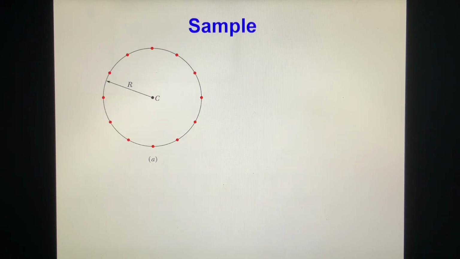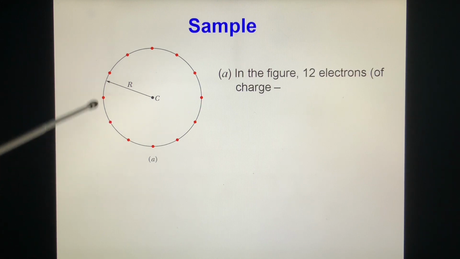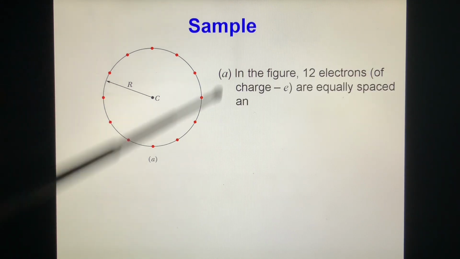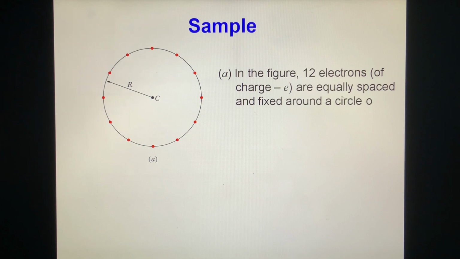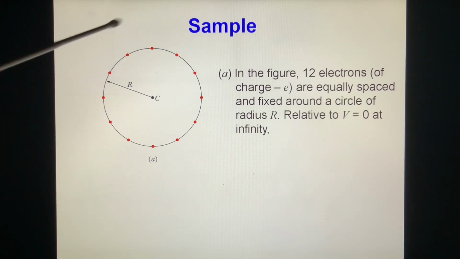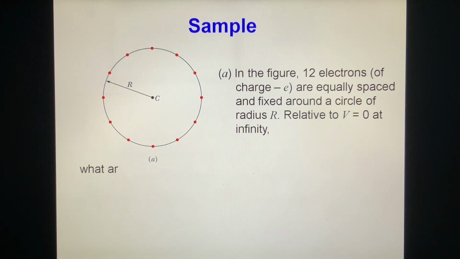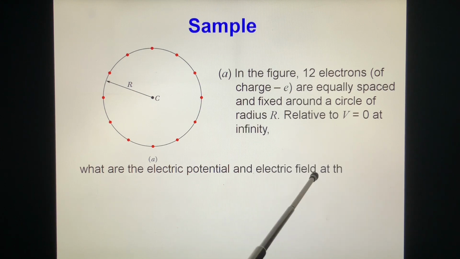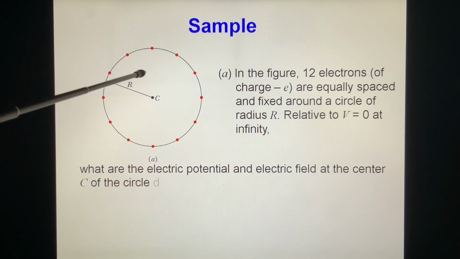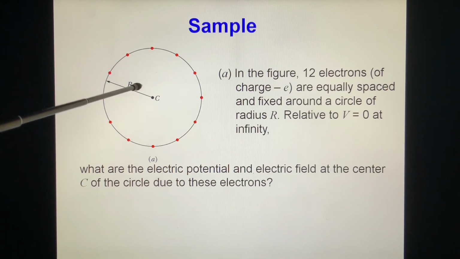Sample. Question A. In the figure, 12 electrons of charge minus e are equally spaced and fixed around a circle of radius R, relative to V equal to 0 at infinity. What are the electric potential and electric field at the center of the circle due to these electrons?